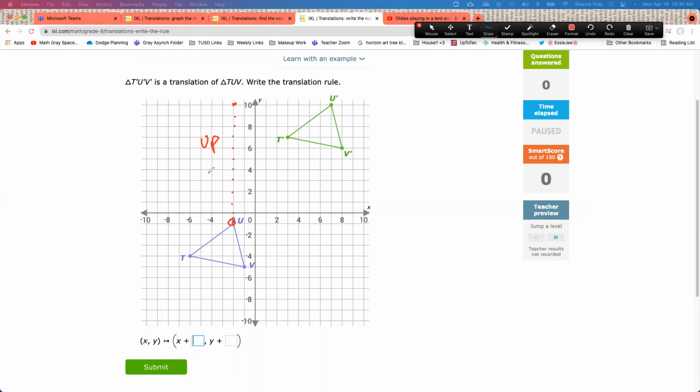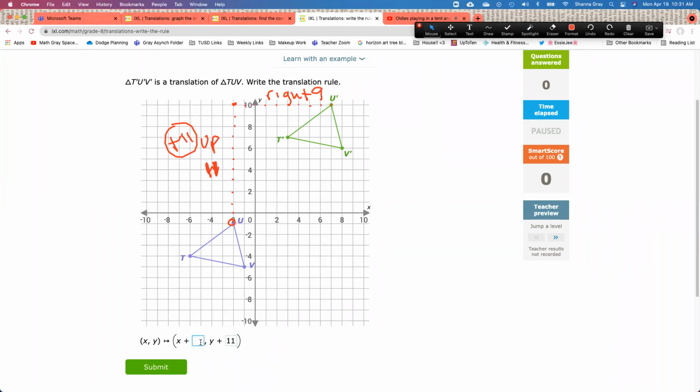So up 11, and then over 1, 2, 3, 4, 5, 6, 7, 8, 9. So I went to the right 9. So if I'm going up 11, that's the same as plus 11 for the Y. So this is going to be plus 11 here for the Y part.